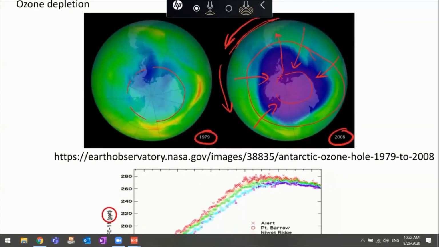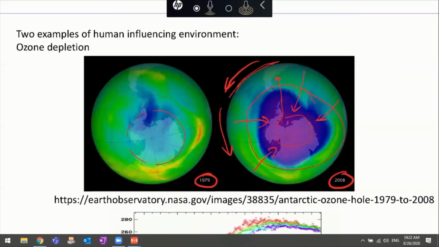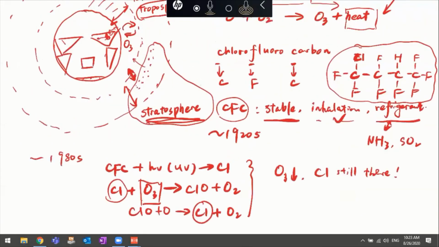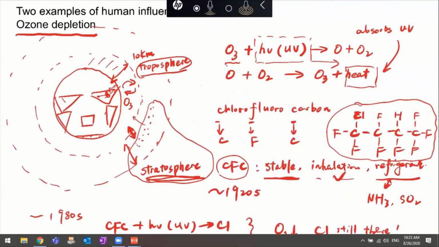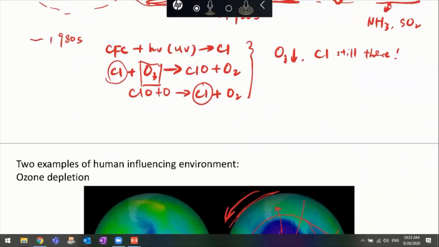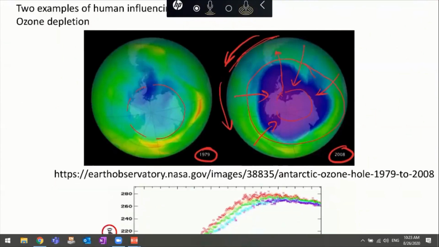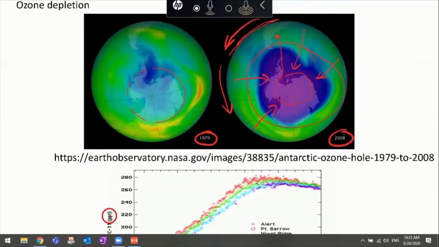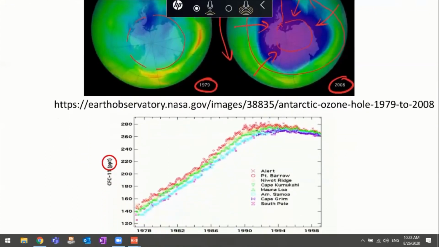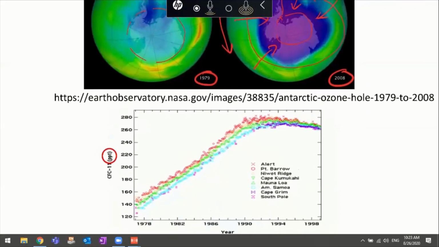And because of this issue, people realized that, well, we thought CFC was beneficial to humans, but it turns out that it is an air pollutant, right? Because it harms human health and animal life, and threatens a lot of those things. So that's why in the year 1990, people signed the Montreal Protocol.